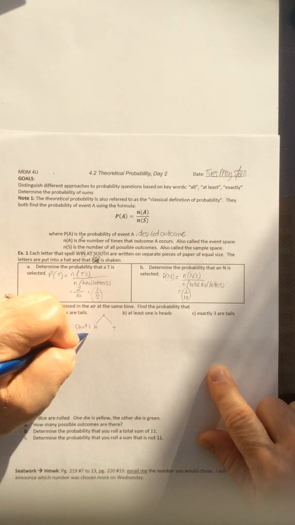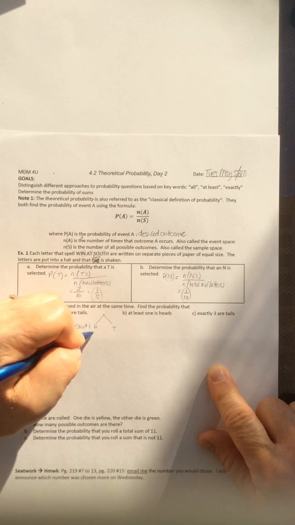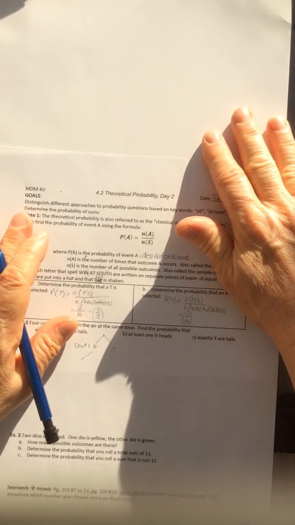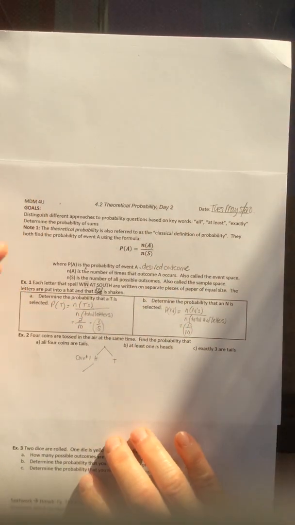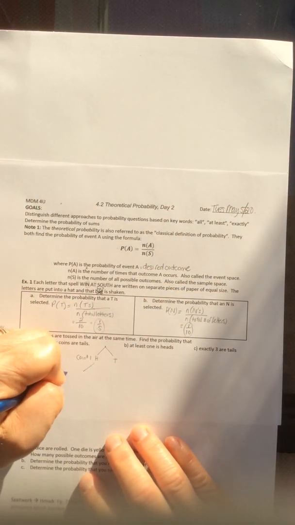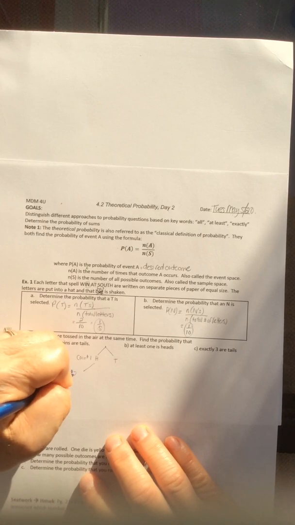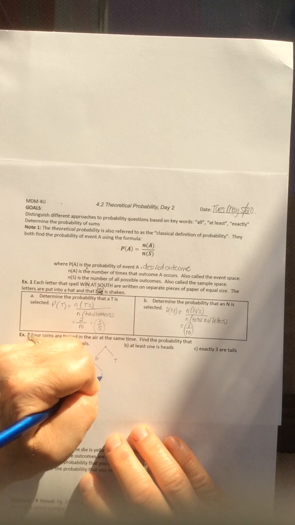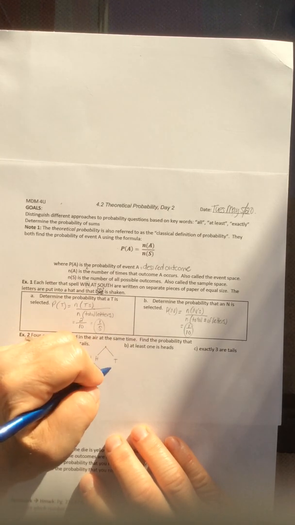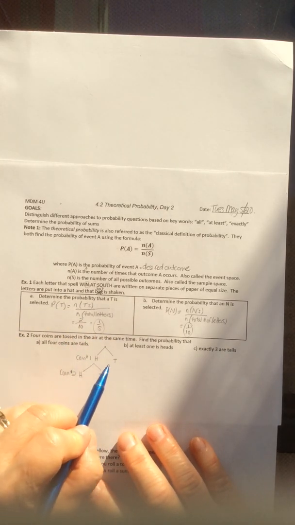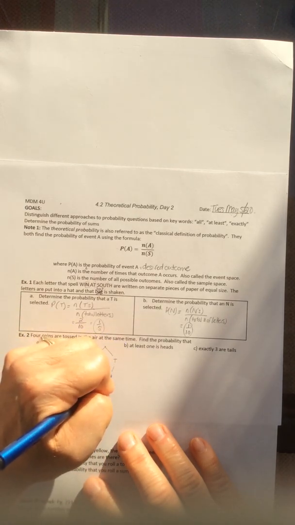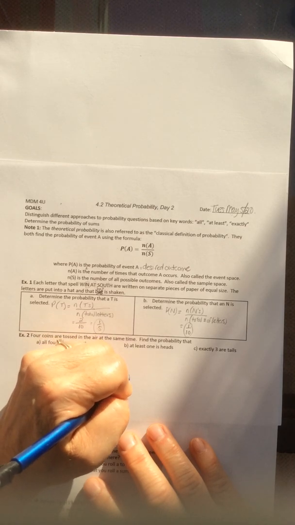From coin number 1, I go to coin number 2, and it could be a head or a tail. But if coin number 1 was found to be a tail, and I go to coin number 2, it could be a head or a tail.